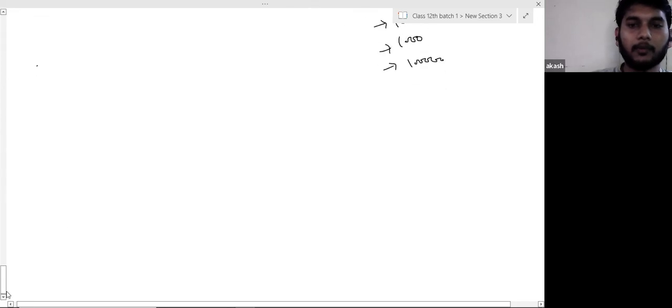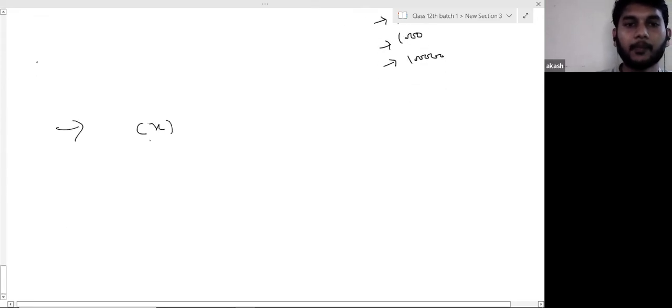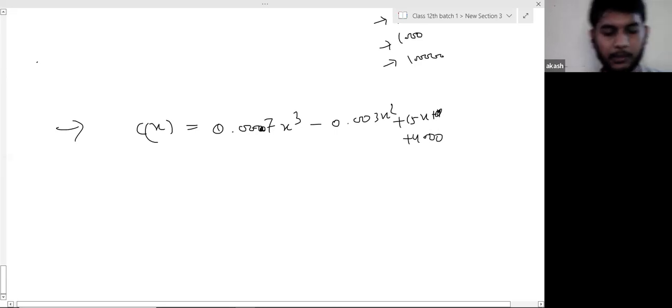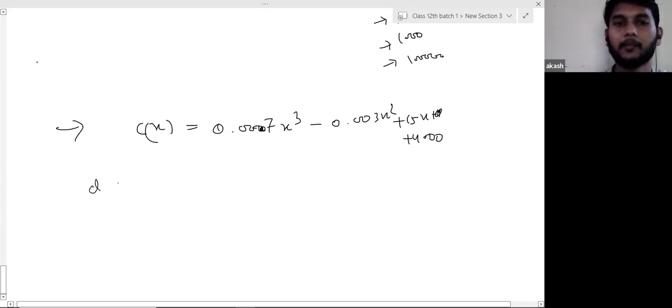So how to solve? What is the equation? C of x is, I think this is an NCERT question also, 0.007 x cube minus 0.003 x square plus 15x plus 4000. All right, 17 units are produced. So we can find the differentiation, dC upon dx. What will be this?